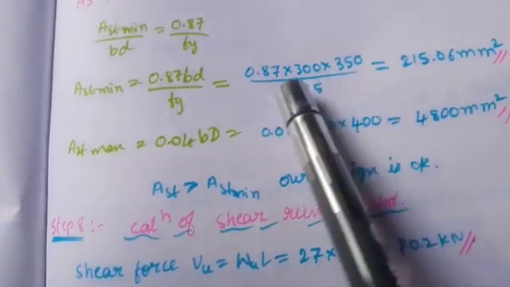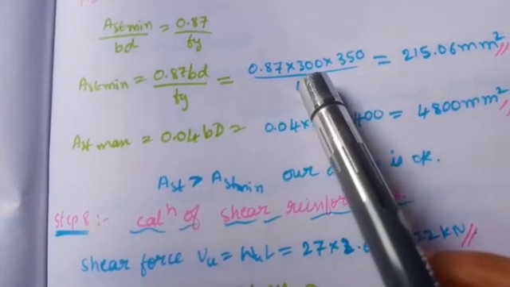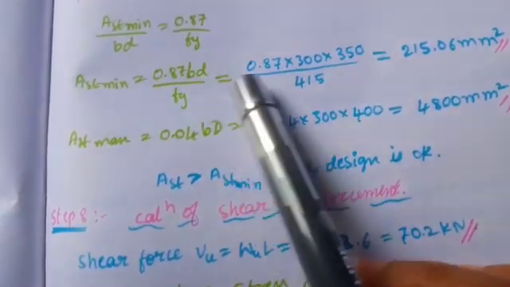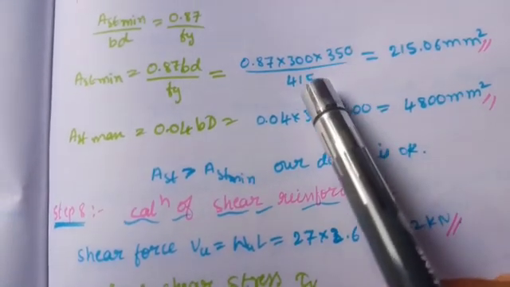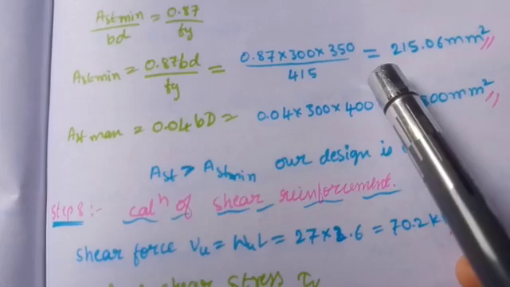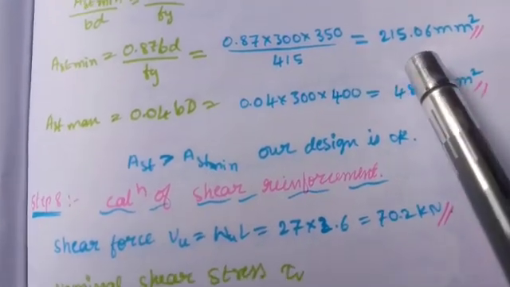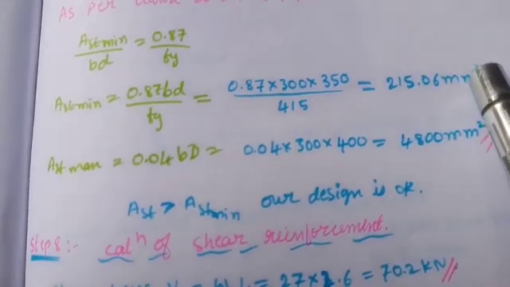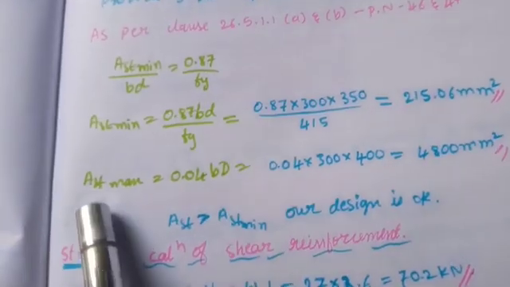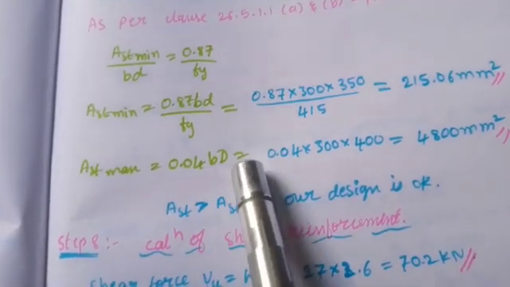Substitute all the value: 0.87, our B value is 300 and D value is 350, and Fy is 415. After simplifying we'll get our Ast minimum value as 215.06 mm square.